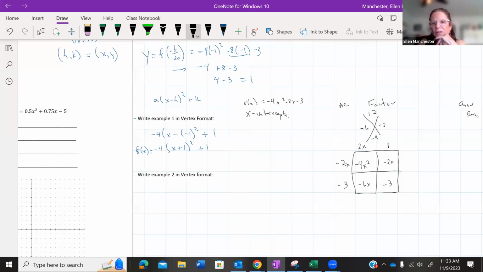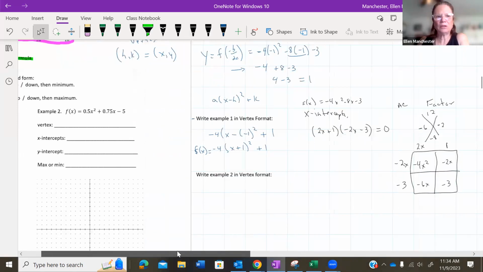So factoring, I'm going to get 2x plus 1 and -2x minus 3 equals 0. Okay, so remember, the goal is to find my x-intercepts. In other words, what is the x going to be? So that's why I have to set it to 0. If you remember, let me go back over here.